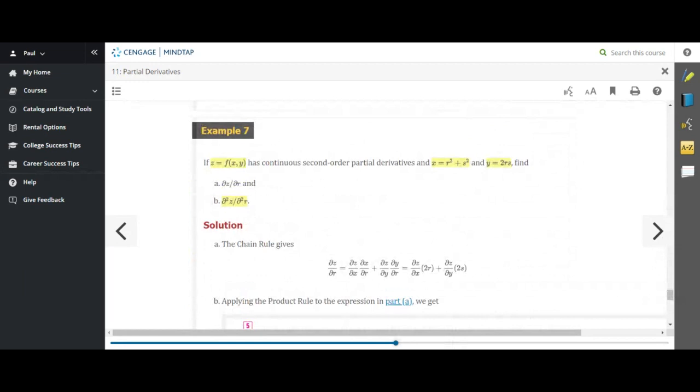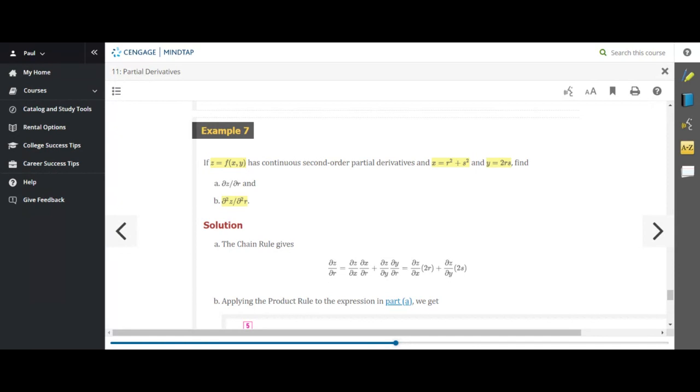Okay, so here you have a function and it has a second order partial derivative. We want to find, well, x is equal to r squared plus s squared, y is equal to 2 times r times s, and z is a function of x and y. It's no problem finding the first partial derivative.